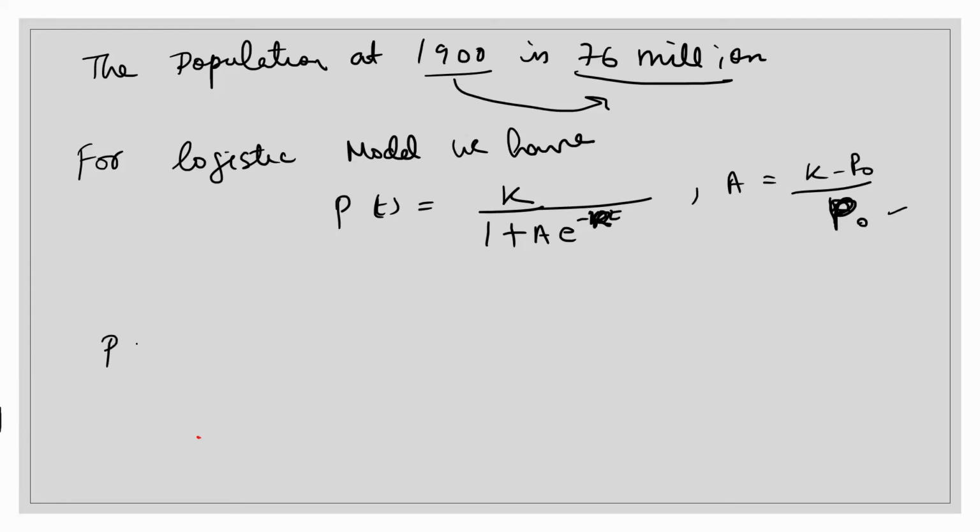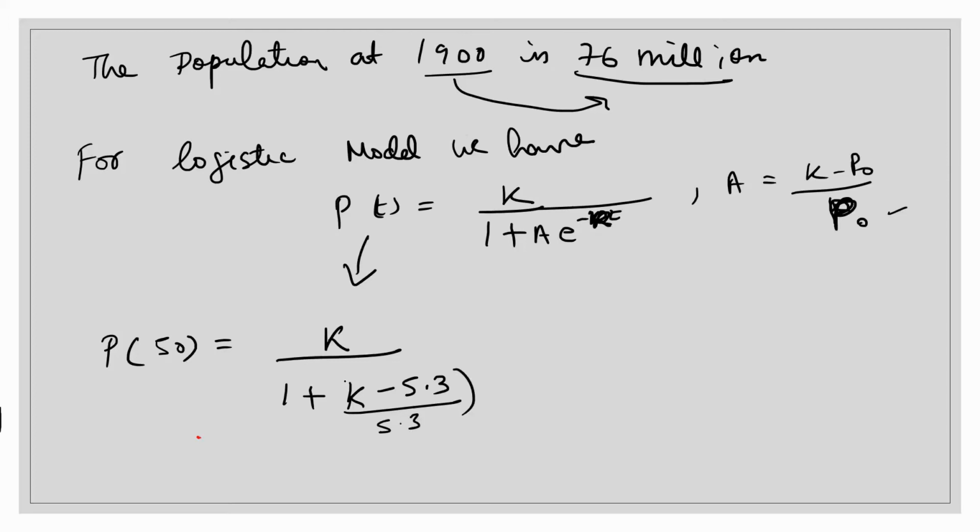So at 1850, that means 50 years from 1800, if I use now this formula, what I can write, this is unknown, 1 plus K minus P naught is what? 5.3 million, because at 1800 the population is 5.3, divided by 5.3 into e to the power minus of 50k. Again this k is unknown. This much is given to be 23.1 million.